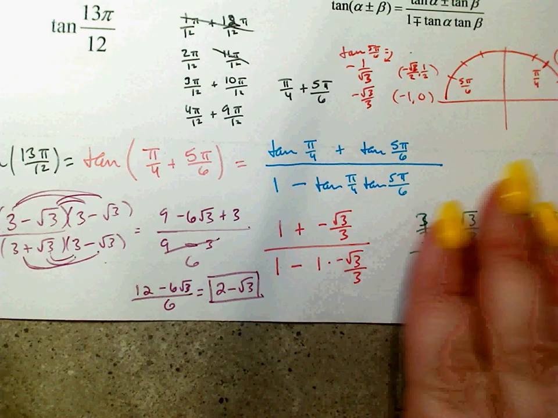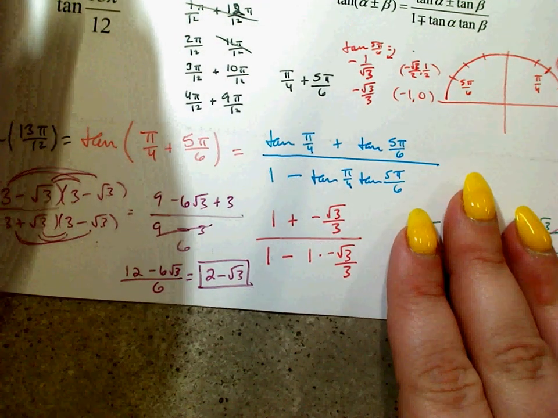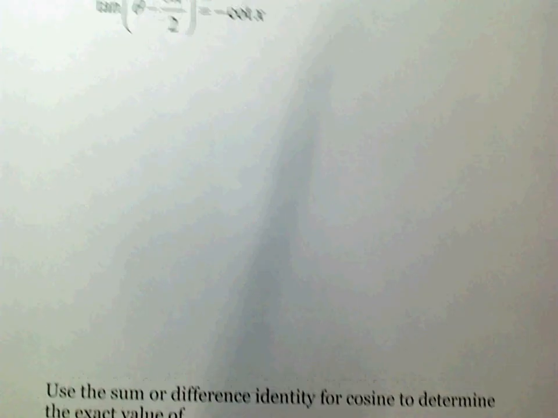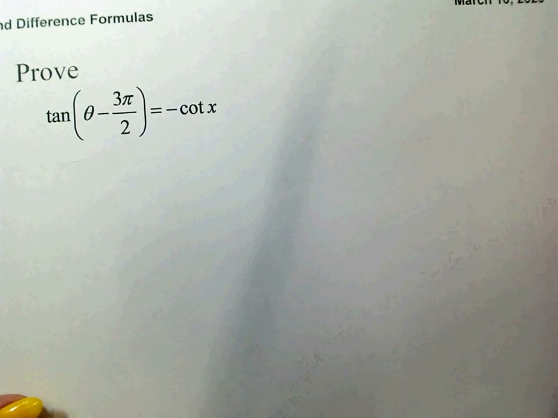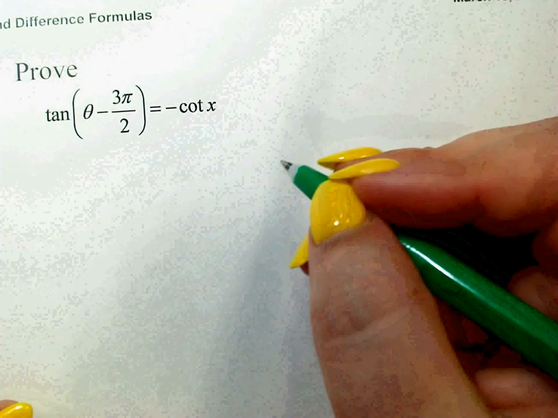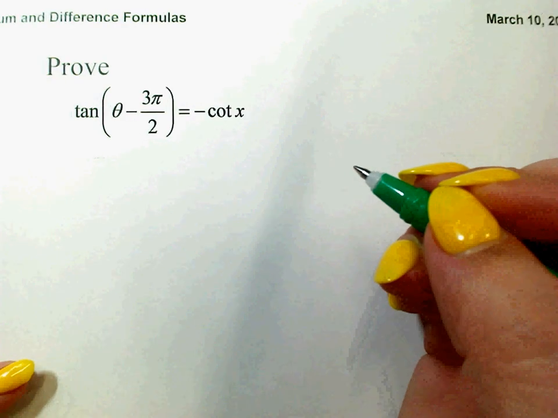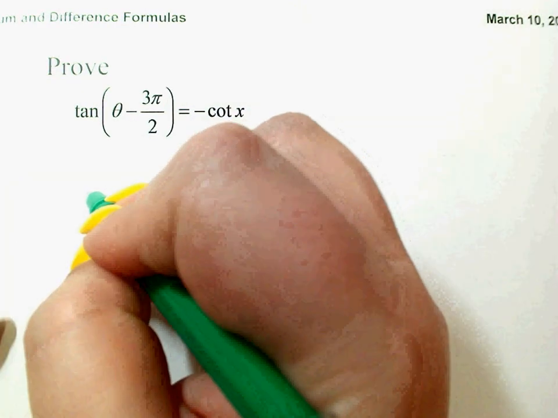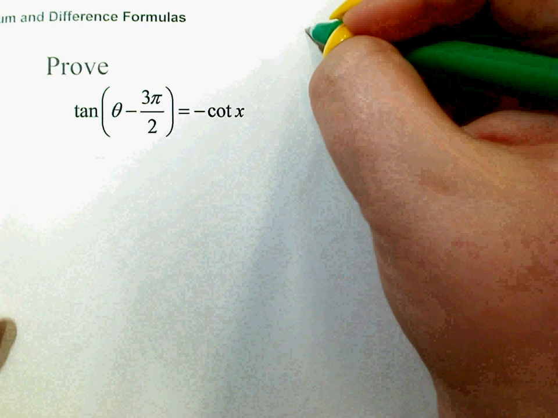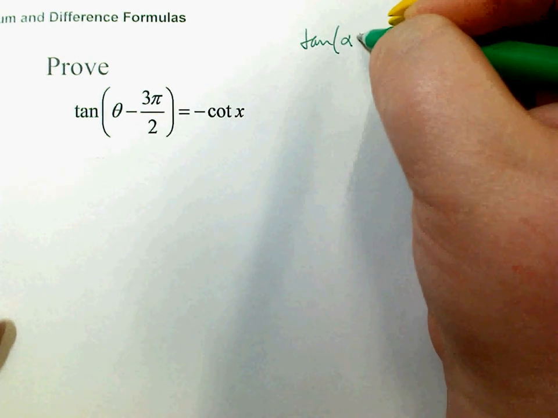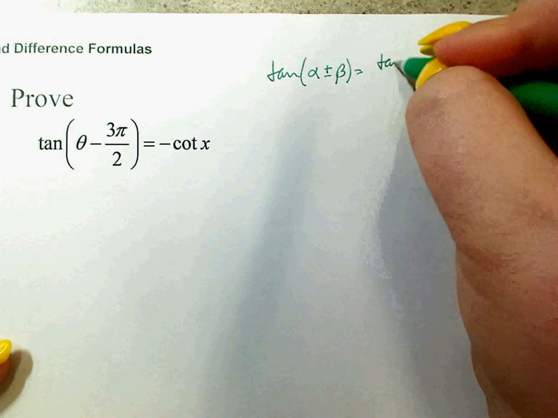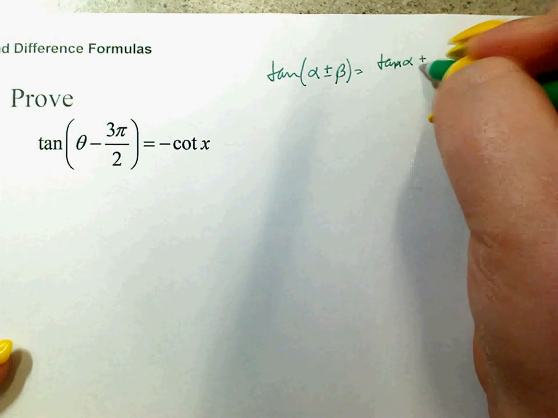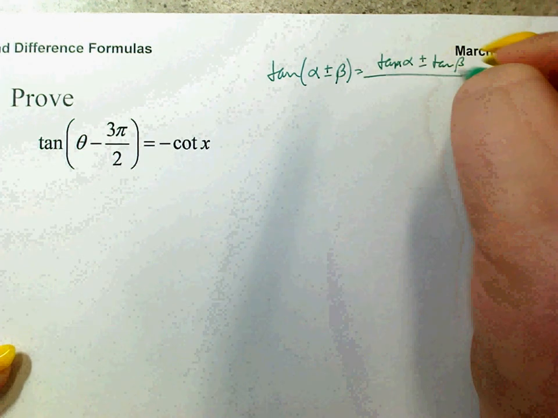I want to prove that this is true. Prove that tangent of theta minus 3 pi over 2 is negative cotangent, so this is just using my formula. Just a reminder, tangent of alpha plus or minus beta equals tan alpha plus or minus tan beta over 1 minus or plus tan alpha tan beta.